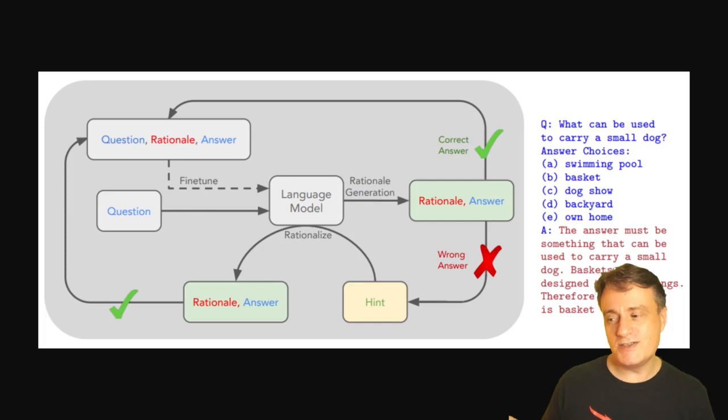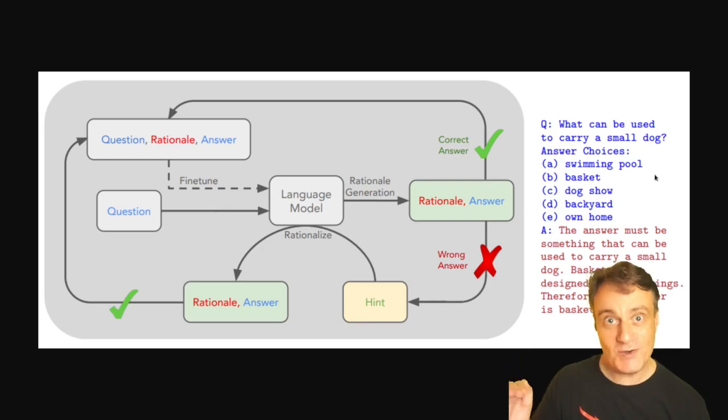Now, if it were to get to the wrong answer, like if there's a rationale which gave us, it thinks that backyard is a good thing to carry a dog, we wouldn't tell it, oh, that was wrong. We'd just say, okay, that didn't work. What we then do is we'd put after basket, in brackets, we put correct in capital letters and give it the same question, but now the hint is we've told it what the answer is.